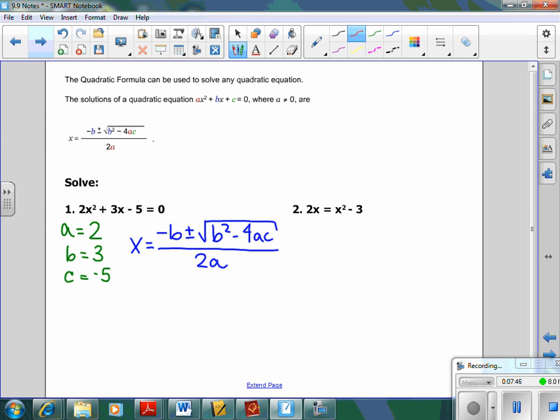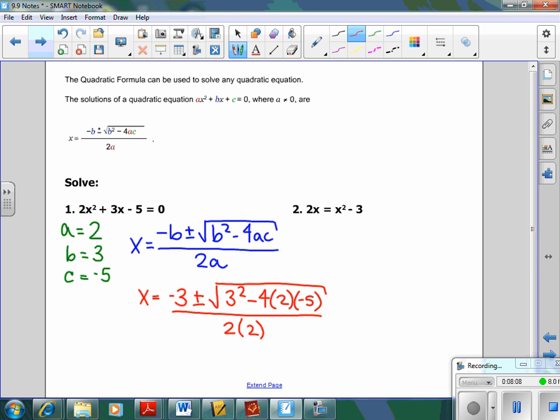We have the opposite of b, so x equals a negative 3, plus or minus the square root of 3 squared minus 4 times 2 times negative 5, all divided by 2 times our a value, which is 2.